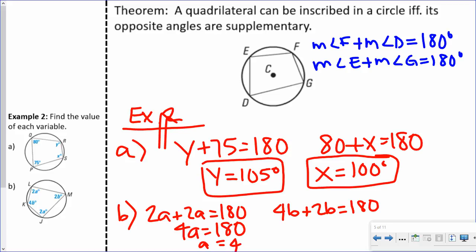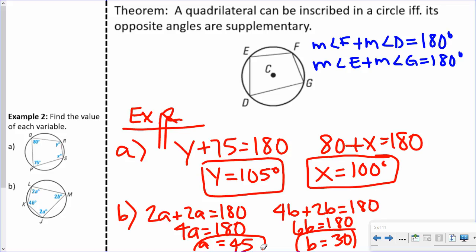See, that'd be 45. Yep. And then this would be 6b equals 180. So then b would have to equal 30. And here they were just asking you for the value of the variables. So that's an example of how that theorem is going to help you solve problems.